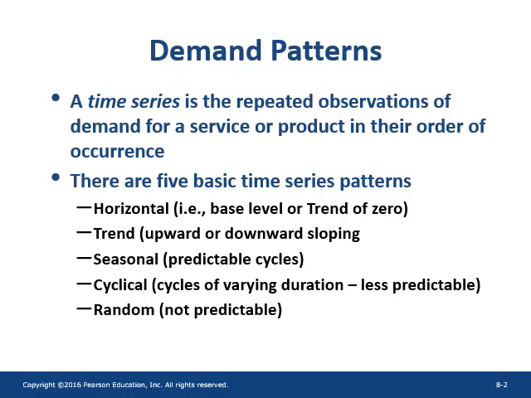Other things we might see are an upward or downward sloping trend, or no trend, which would be a horizontal pattern. We might see seasonality, and seasonality could be the annual seasons like winter, spring, summer, fall, based on weather cycles, but they don't need to be annual. All they need to be is predictable cycles.